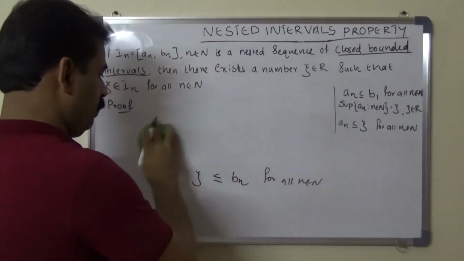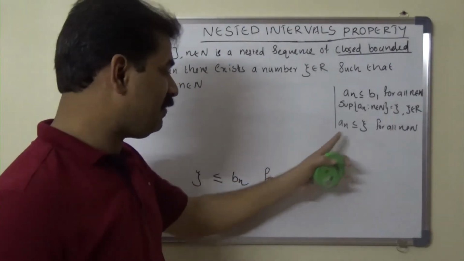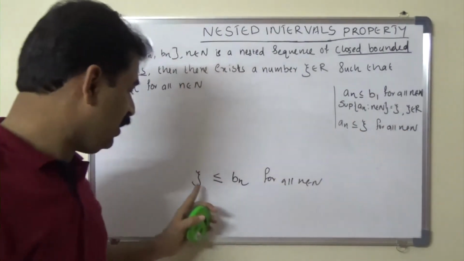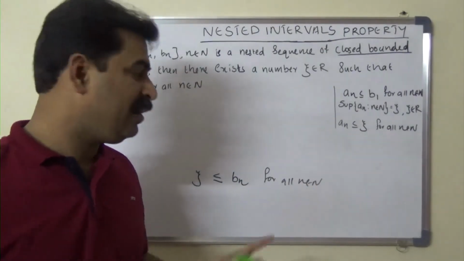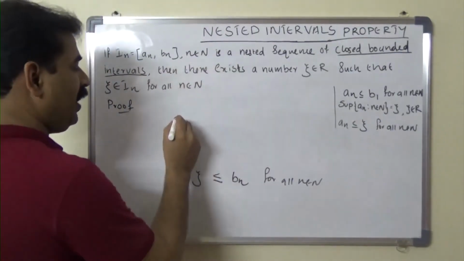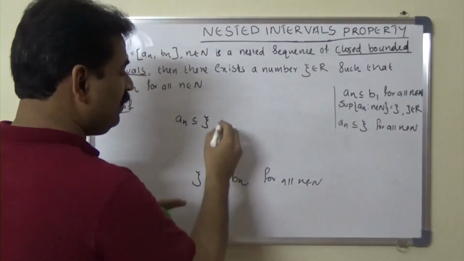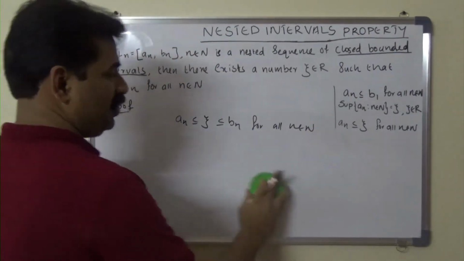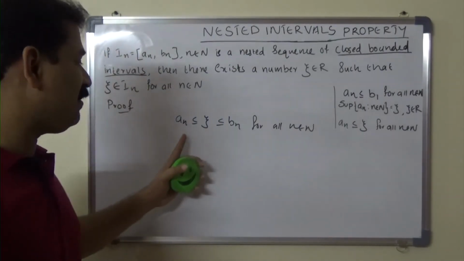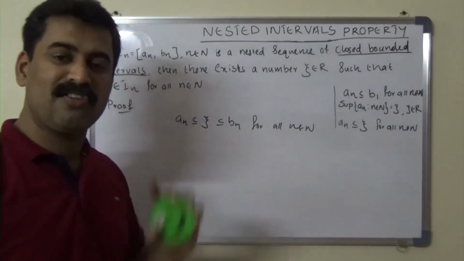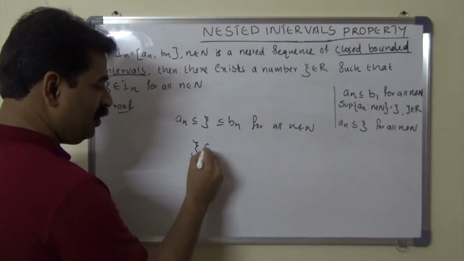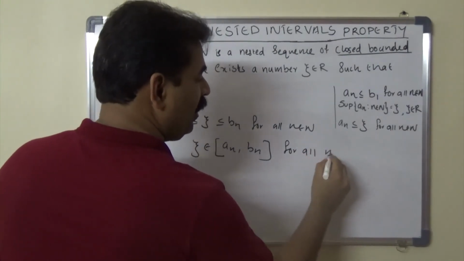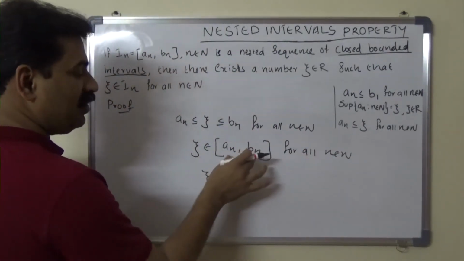Next, combining these two inequalities. Already we have A_n is less than or equal to Xi for all n belonging to N, and we get Xi is less than or equal to B_n for all n belonging to N. Combining these two inequalities, we can write A_n is less than or equal to Xi, which is less than or equal to B_n, for all n belonging to N. That means Xi belongs to the closed interval [A_n, B_n], which is I_n.